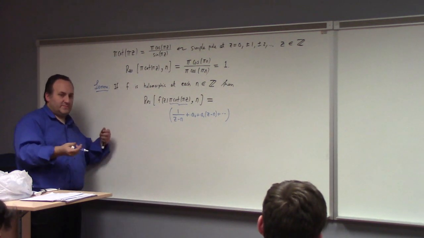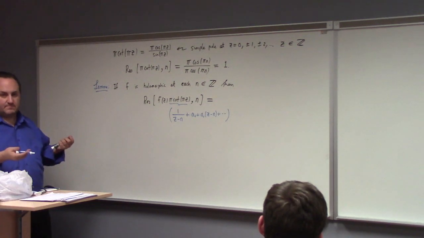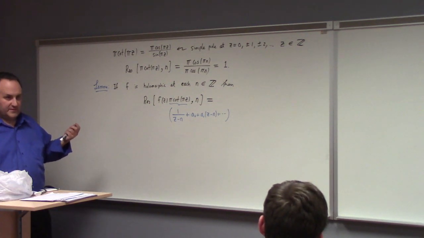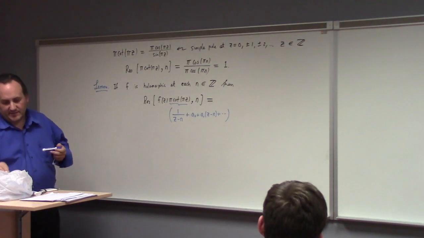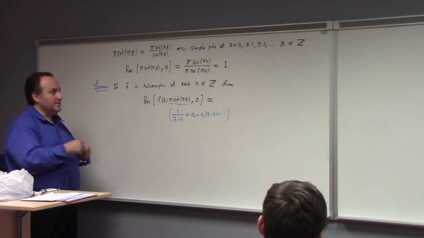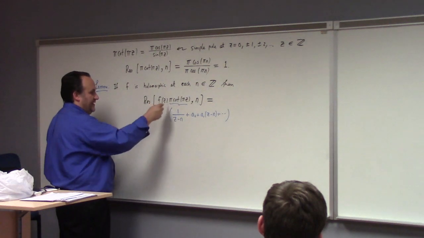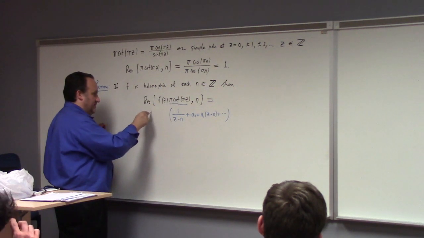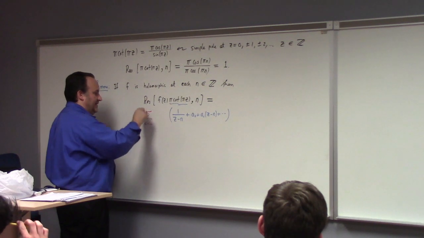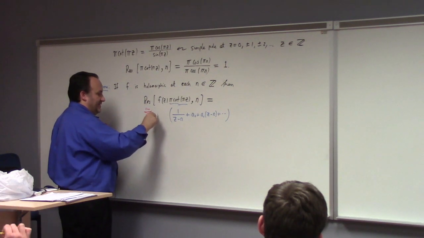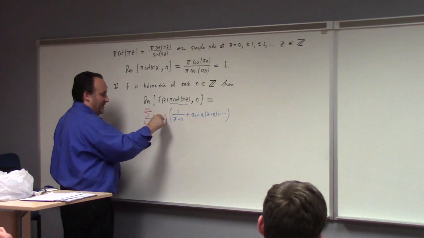It's just the 1 over z minus n, because the residue is 1, right? That's the Laurent expansion. How about f of z? Well, we're assuming it's analytic at n, right? So that has an expansion of like, some, let's say k equals 0 to infinity of b sub k times z minus n to the power k, right?